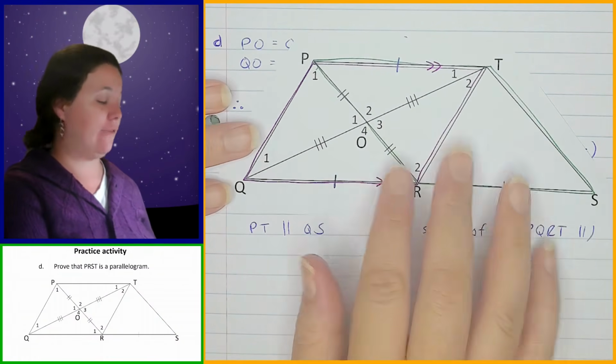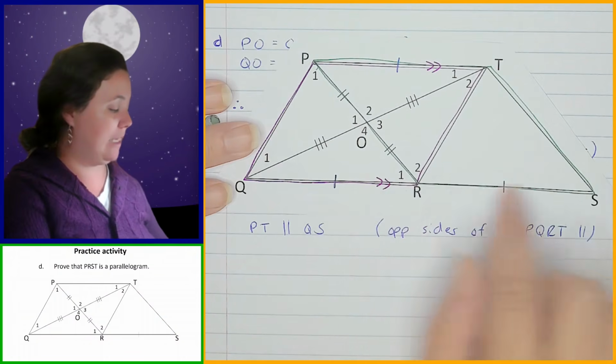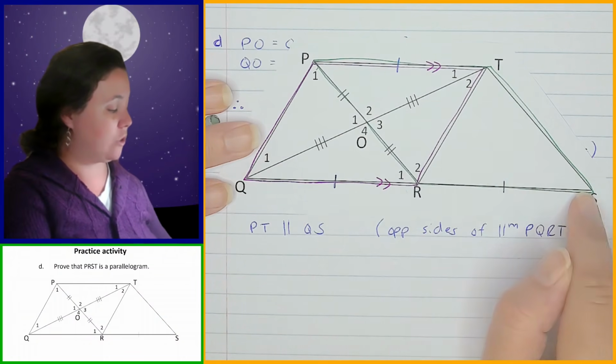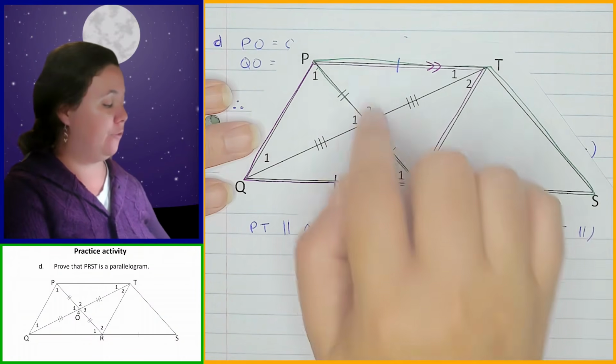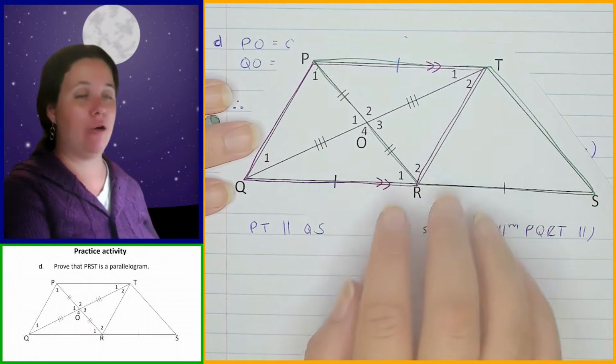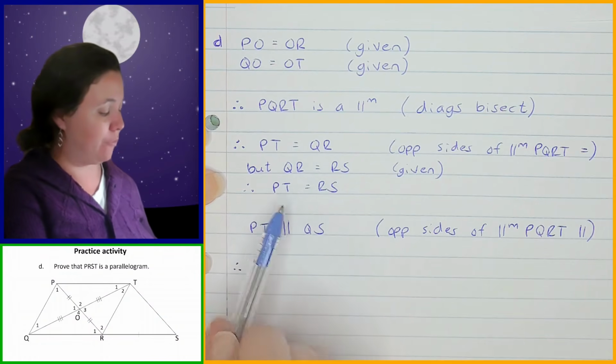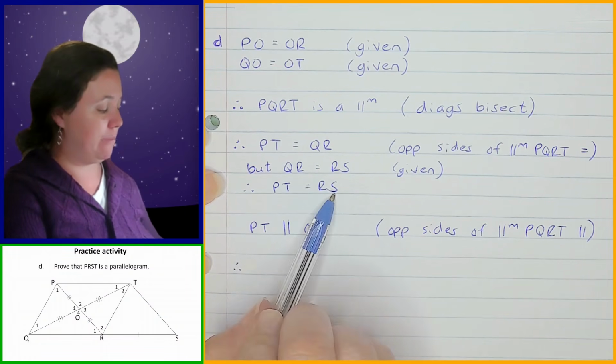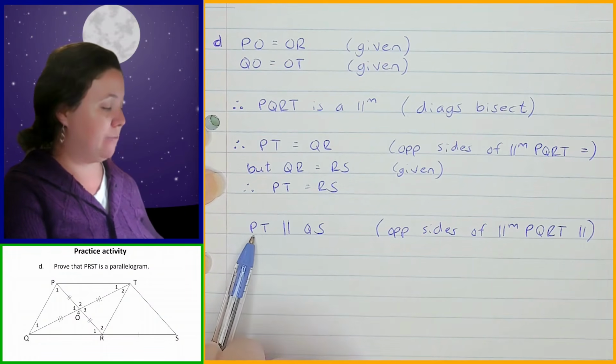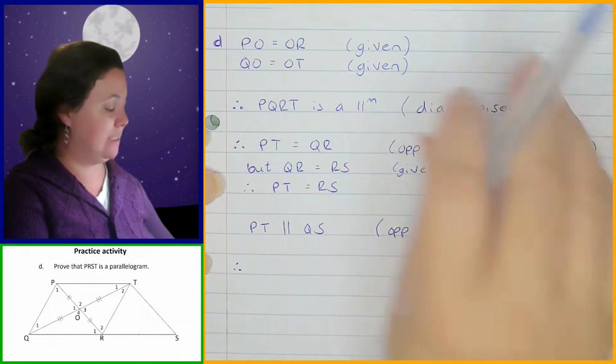Now, because I have now said that this is parallel to that and this is equal to that, I can now prove that this is a parallelogram. So I can say, therefore, I've already written those down, that PT is equal to RS and PT is parallel to QS.